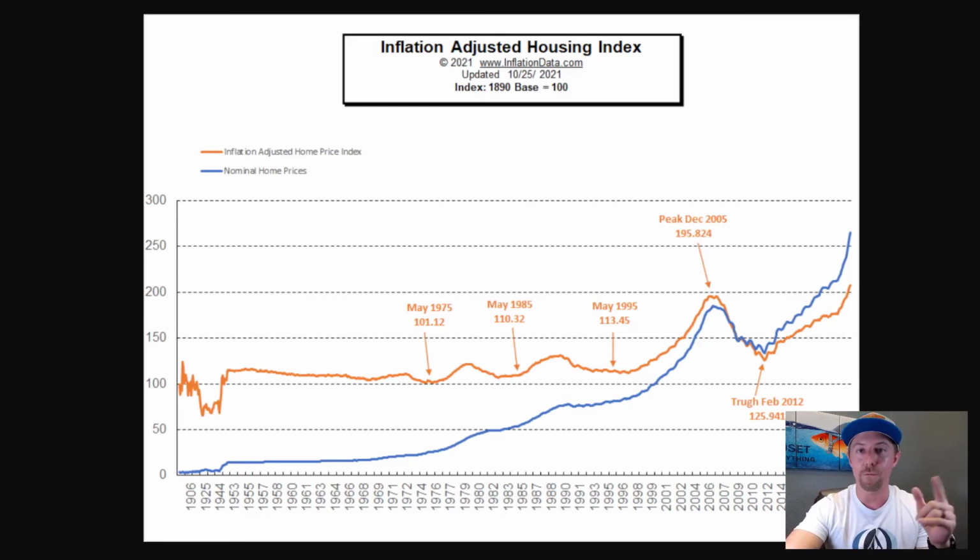But then it reverted to the trend line back in 2012. That's when home prices bottomed. And now we're starting to see that home prices adjusted for inflation are higher than they were in 2005. So at some point, in some way, home prices will have to revert to that trend line. The question is, will it be in nominal prices, or will it be adjusted for inflation?